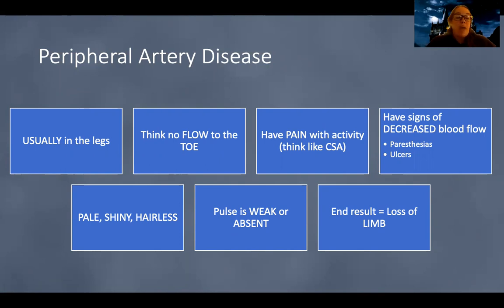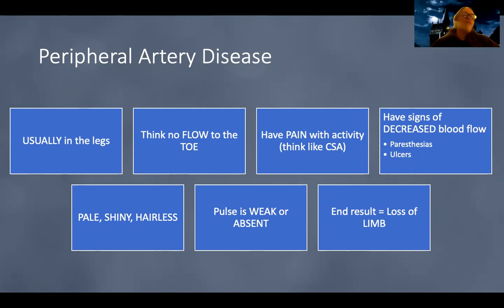These patients are going to have pain with activity. Think of chronic stable angina, where the patient was up walking around, maybe playing golf or exercising, and started to have chest pain. This patient is the same, except their pain is in their leg. They usually complain of sharp, sudden pain, especially with exercise or exertion. They may also have signs of decreased blood flow, so they may complain of paresthesias like numbness and tingling, and they can also get ulcers.